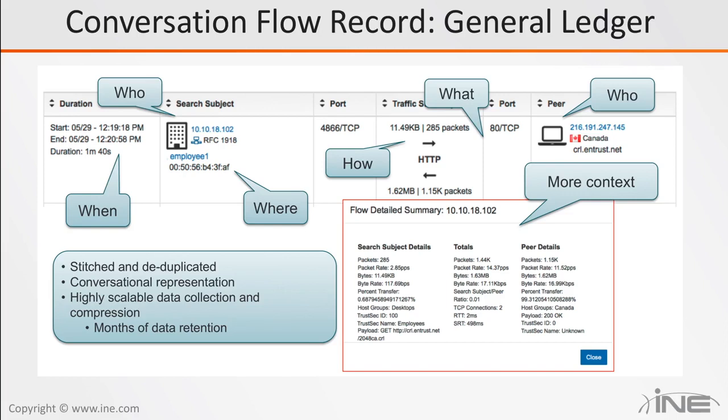So we know all these values, and we can build a transaction record based on network stitching as well as de-duplication. It tells us who is trying to access whom, on what protocol and port number, how many packets are being sent, what the MAC address of those IPs is, when this happened, and more details. This entire information can be viewed through a Stealthwatch Management Console, and this is a highly scalable environment since multiple flows are being collected to form one conversation.